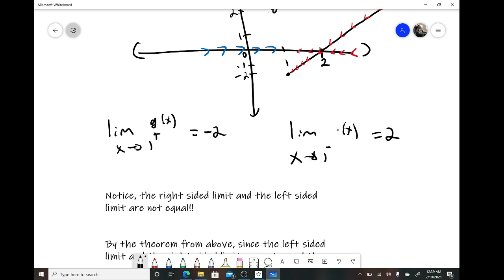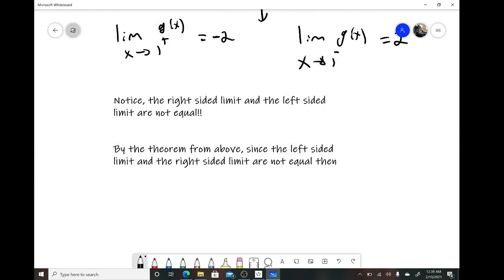This is g of x. So by the theorem from above, since the left-sided limit and the right-sided limit are not equal, then the limit as x approaches 1 of g of x does not exist.